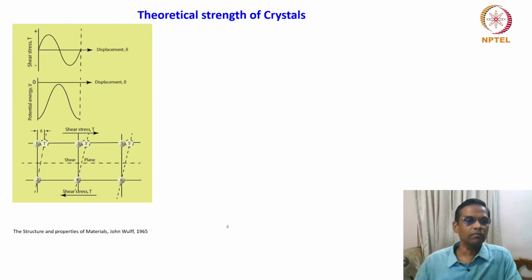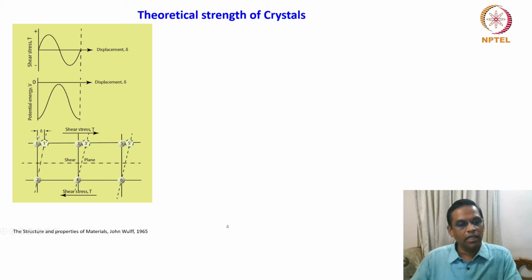Similarly, here is another example of the same idea. Suppose you take this lattice, and a shear stress is applied in both directions. Just imagine that because of this shear stress, atom 1 moves to the new position 1 prime, making a displacement delta.